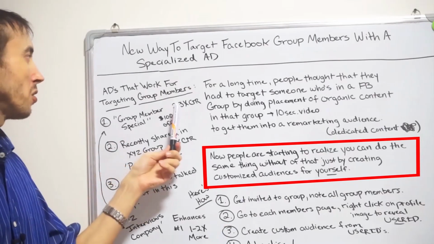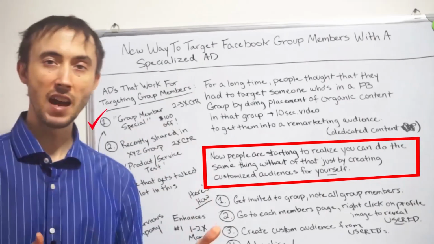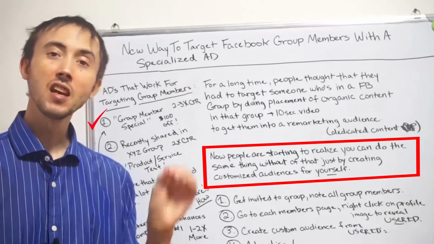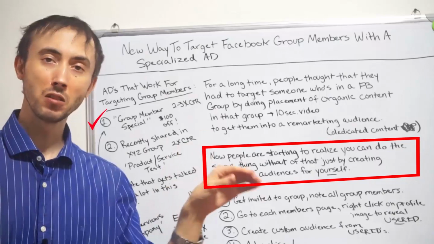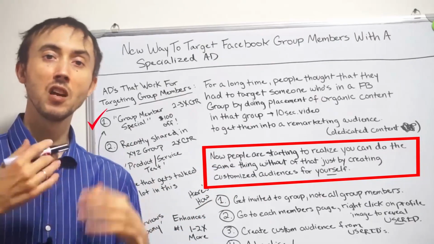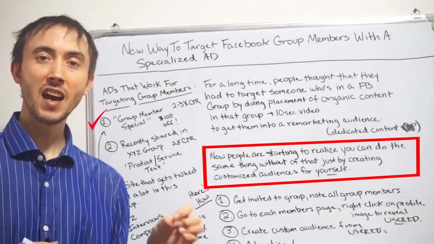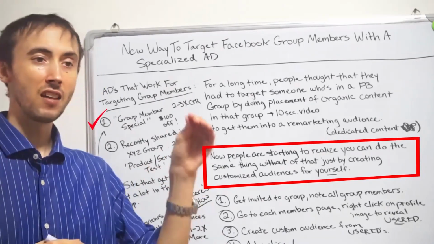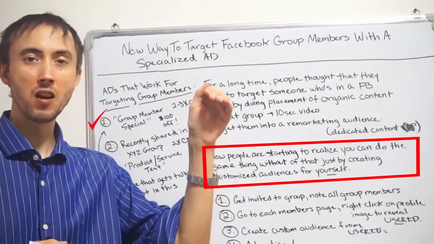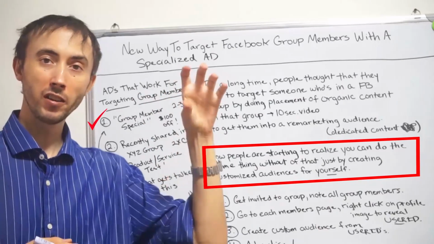And you can get a 2 to 3 times increase in click-through rate by just having a $100 off ad, just to show you the potential of this, and actually leading in with something about the group, specifically a group member special or something close to it, okay? Click-through rate is directly tied to ROI, in that the more clicks you get, the better. Most people who are good at Facebook ads know this, so they're always looking for higher click-through rates.